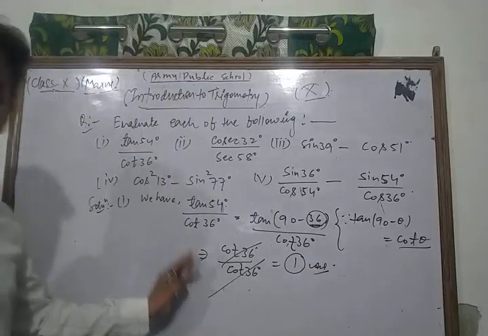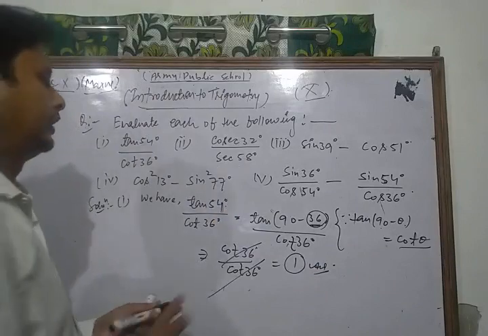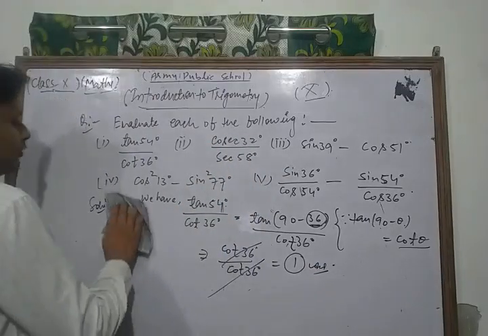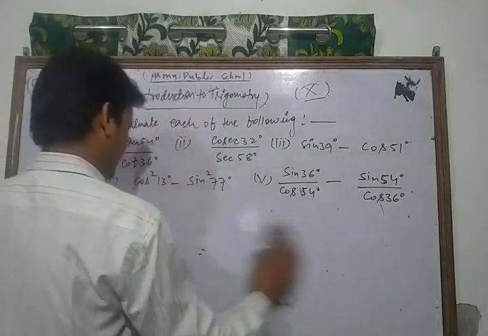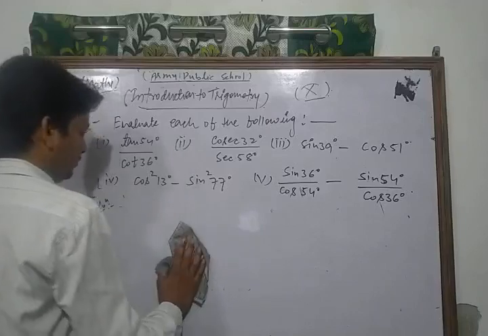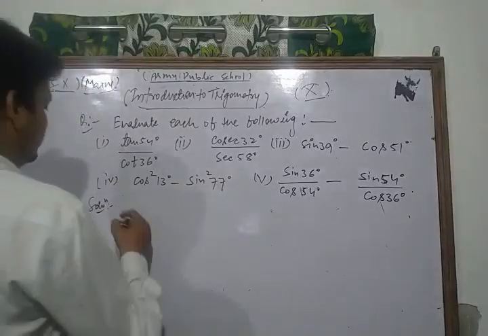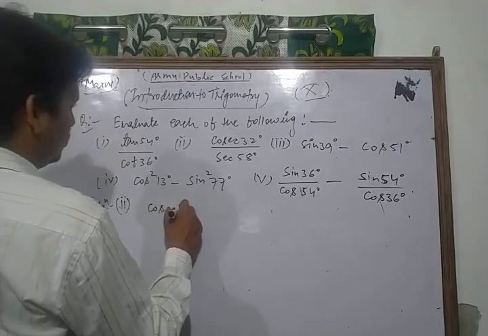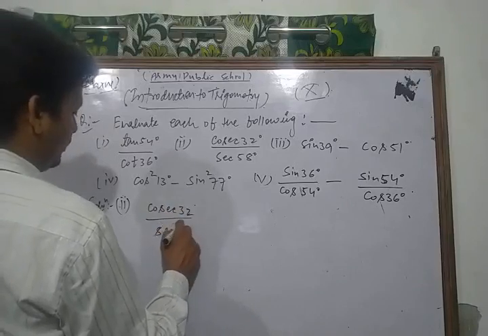In the same way you can solve each and every part of that question. Now let's take and solve the second part. We apply the same concept here. We take the second part, which is cosec 32 upon sec 58 degree.